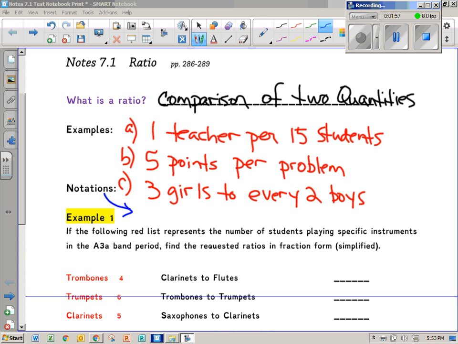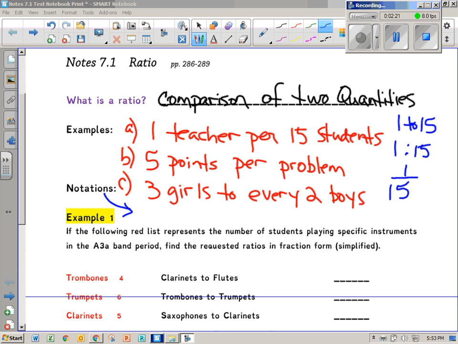So one teacher per 15 students. I could write it just using the word to, 1 to 15. I could write it using a colon, or the most typical way that we write it in mathematics is a fraction, 1 over 15.